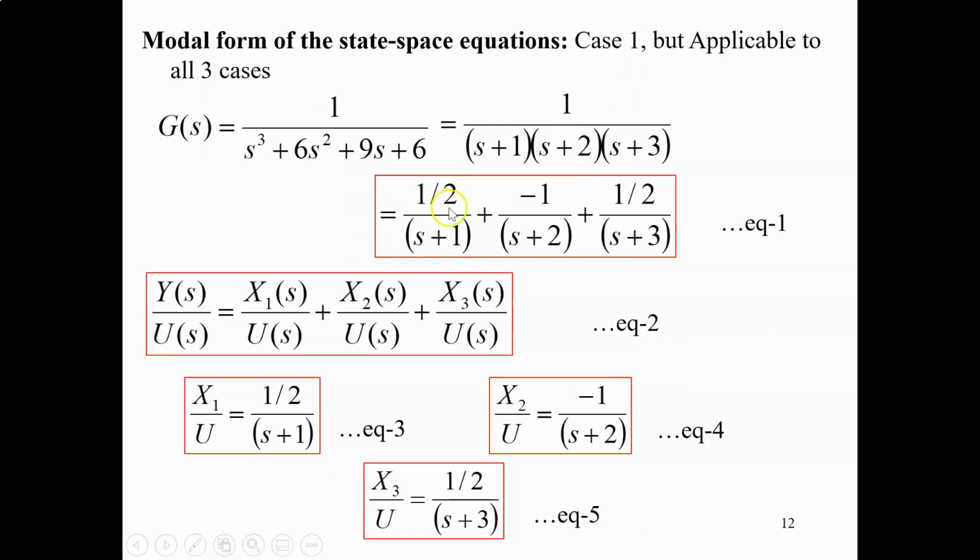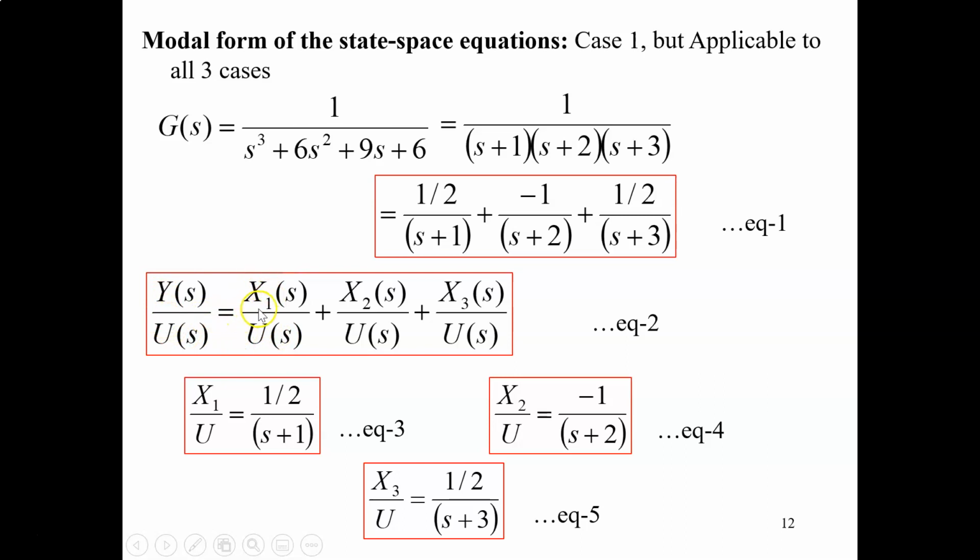Once you get there, now I consider, because G(s) is Y over U, that's the transfer function, output over input. I start to introduce 3 states. I just say Y(s) equals x1 plus x2 plus x3. So let Y equal x1 plus x2 plus x3. Therefore, I get equation 2.